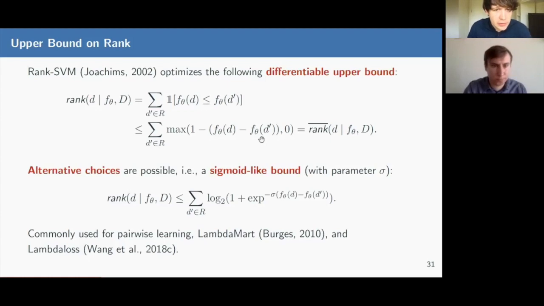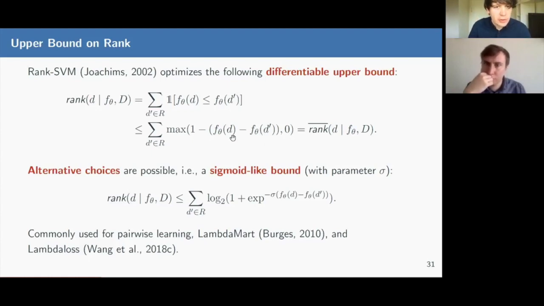So if these scores are the same, if this other document has the same score as the document that we're getting the rank for, we will get 0 here, which means that we get 1 out of this operation. So if you have the same score, it counts as 1. If the score of this other document is higher, you'll get a score greater than 1.